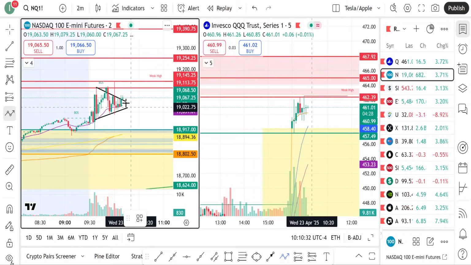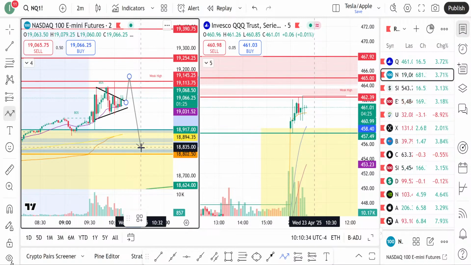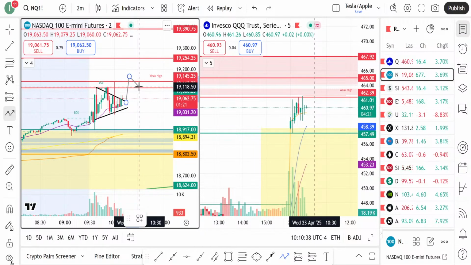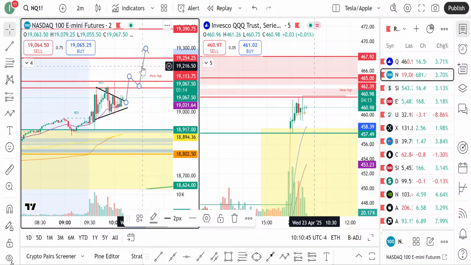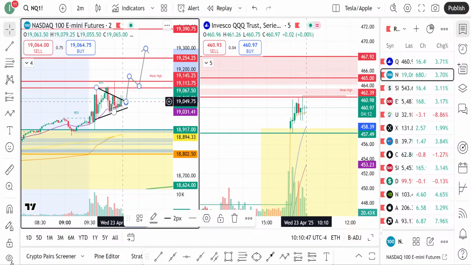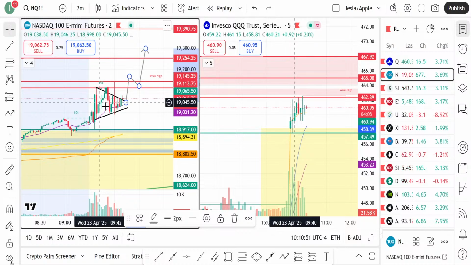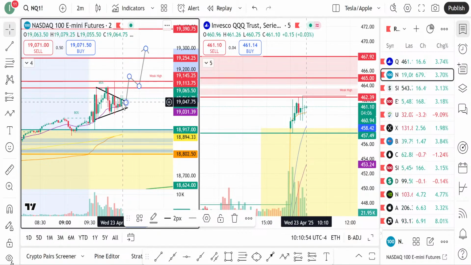It can also pop, and then fake. Or it could pop up, pull back, and then continue higher as well. I try to see everything from a probability basis, so the chances are this could actually go up.